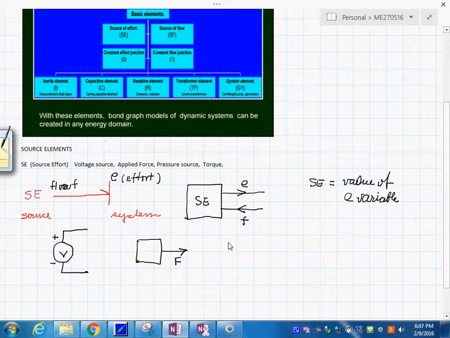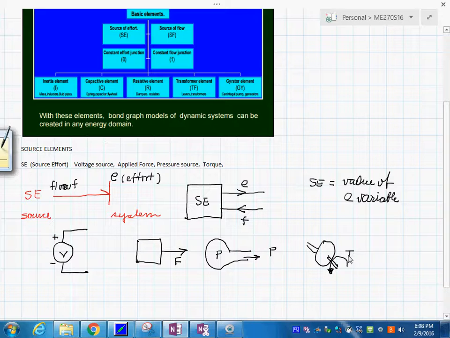If you have a pressure source in here, and then for a rotational system, if you have a torque like this, this is your effort source. So you can see you have the bond graph model, you have the block diagram model, you have 4 examples of the sources over here.